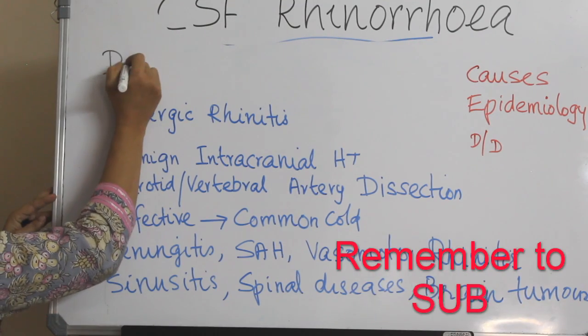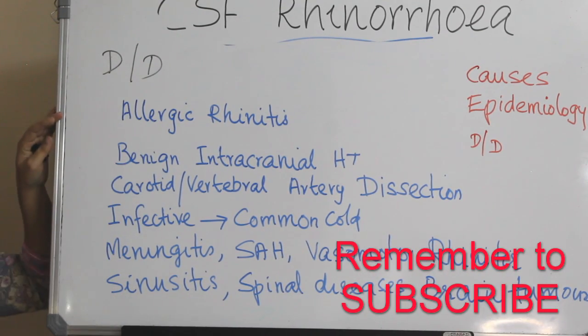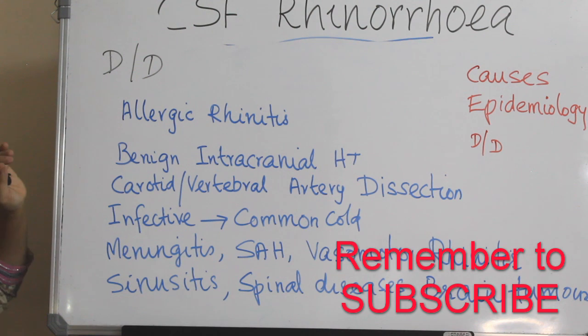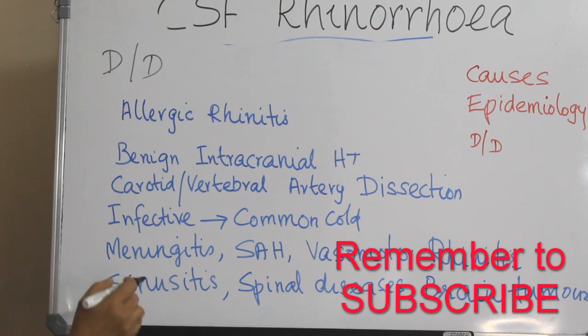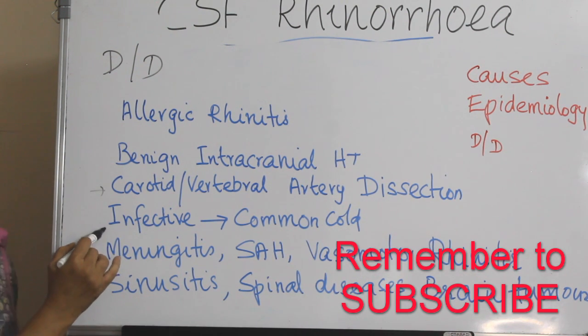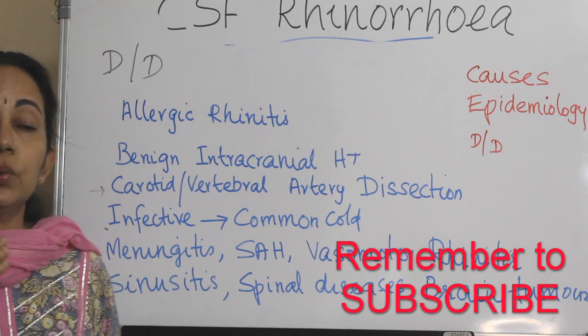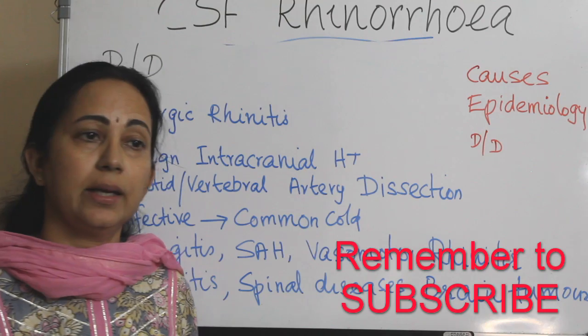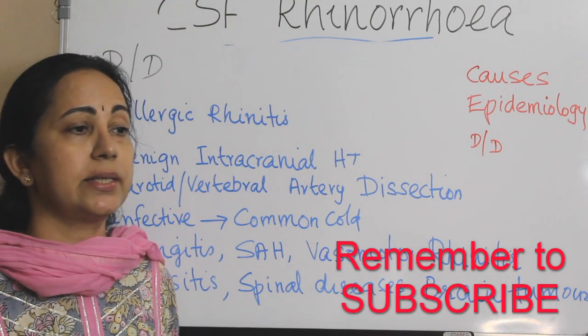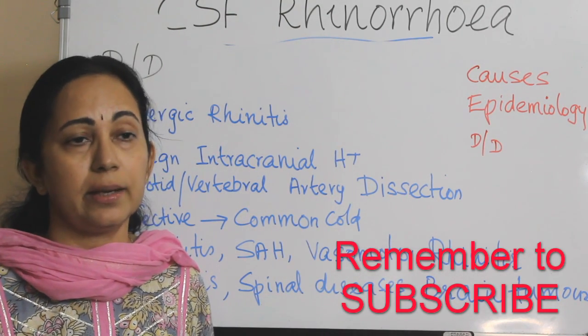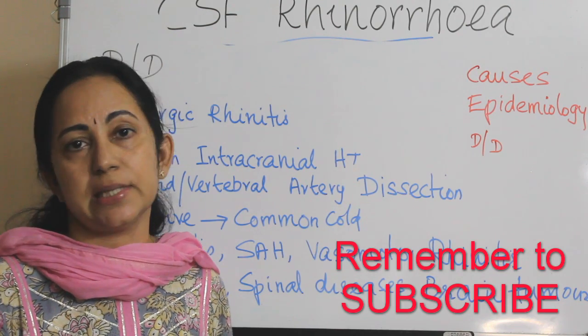The differential diagnosis of CSF rhinorrhea, the most common being allergic rhinitis, then benign intracranial hypertension, carotid or vertebral artery dissection, infective etiology, the commonest being a common cold, meningitis, subarachnoid hemorrhage, vasomotor rhinitis, then sinus diseases or spinal diseases, brain tumors, and also post-traumatic headache, and in some cases allergic rhinitis associated with a migraine which causes a headache can mimic or feel like a CSF leak.